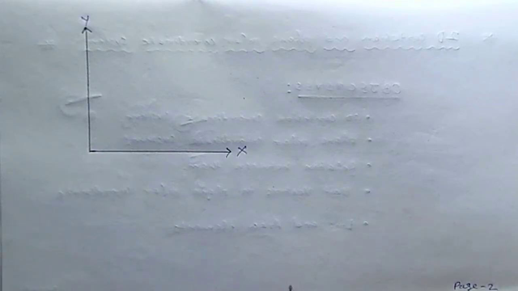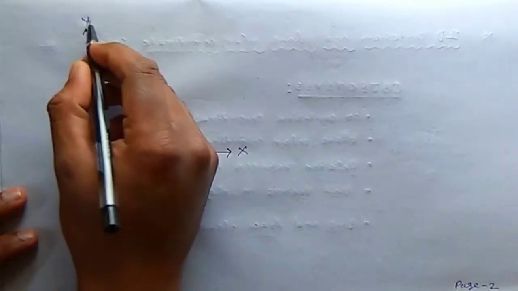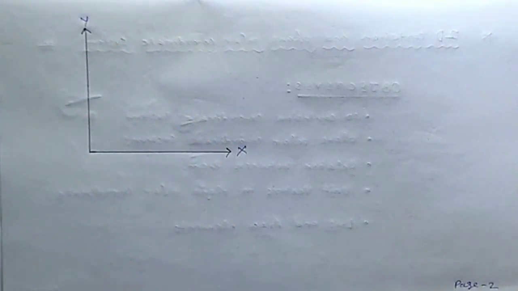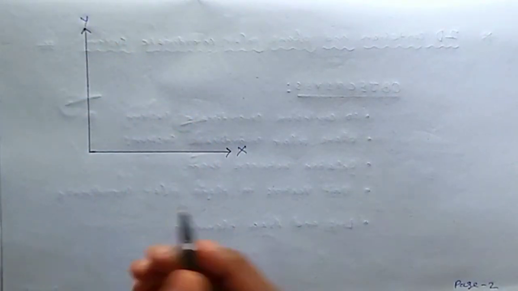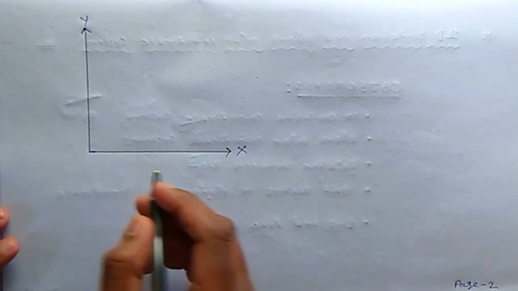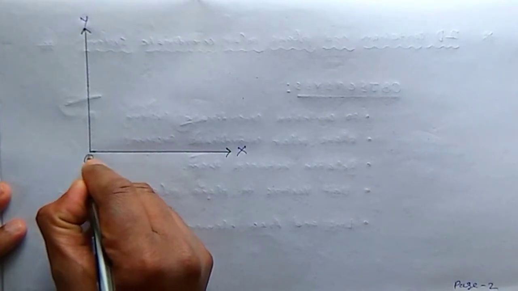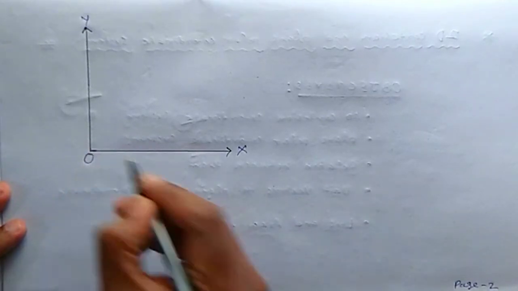In the two-dimensional Cartesian coordinate system, we have two axes, x and y. The point at which the axes meet is called the origin O.